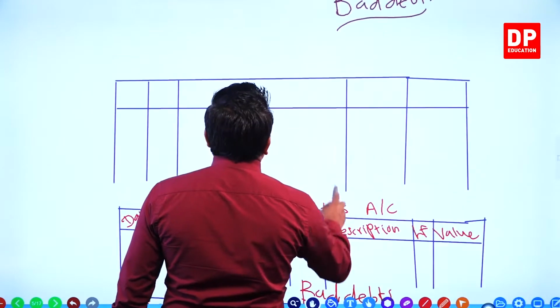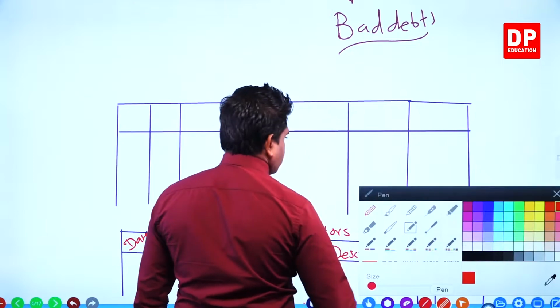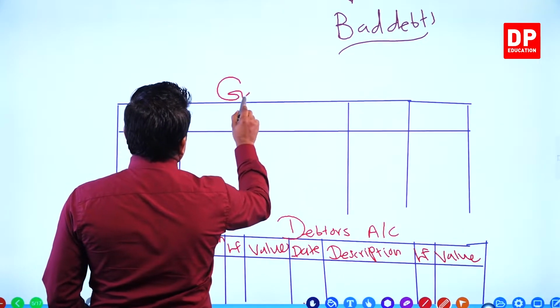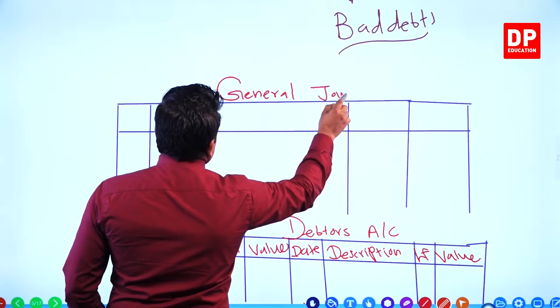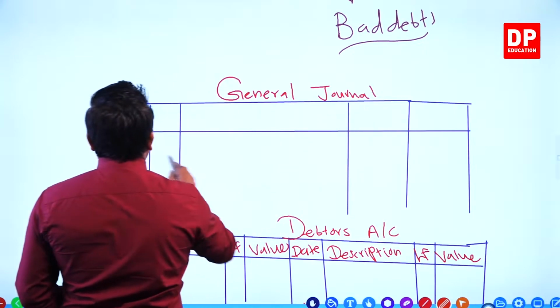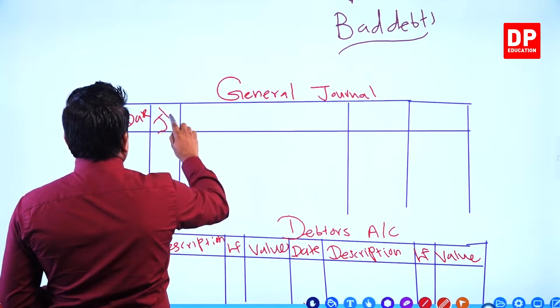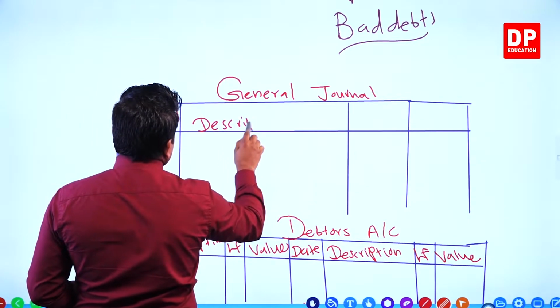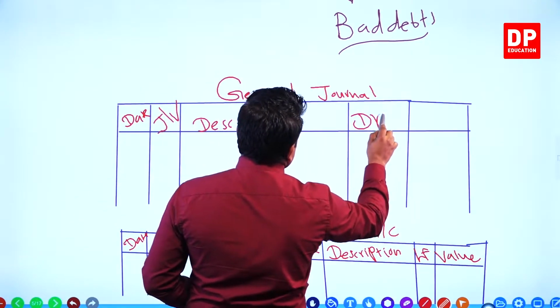Then the general journal columns: date, journal voucher, description, debit and credit.